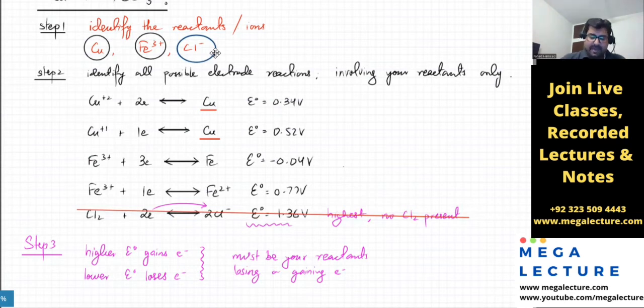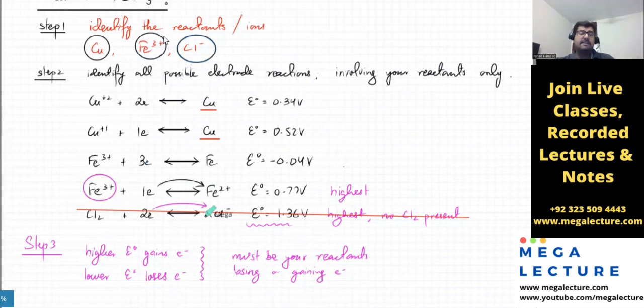Next one, who's the highest potential now? The highest potential now is this one. So the highest potential gains electrons. So it's going to go in the forward direction. It's supposed to gain electrons. And it works perfectly fine because I do have Fe3 plus. So what all my equations are stating is that Fe3 plus has the highest potential.